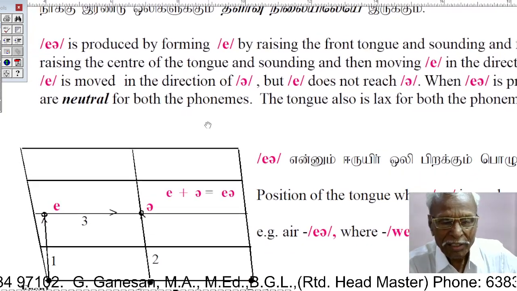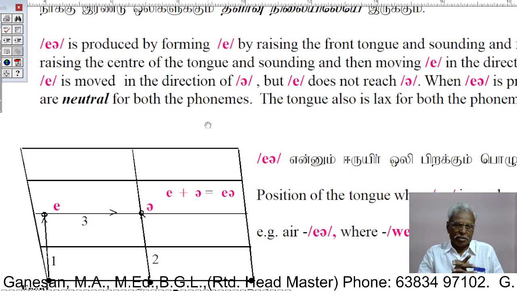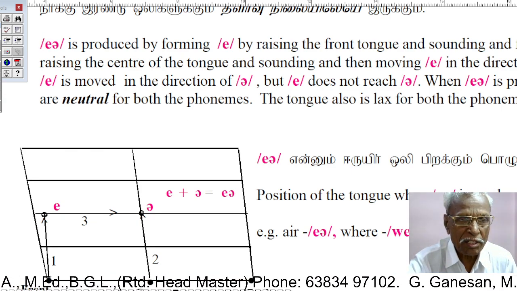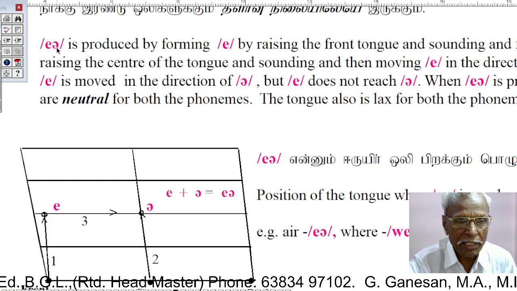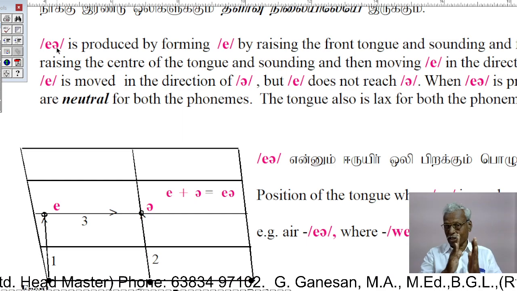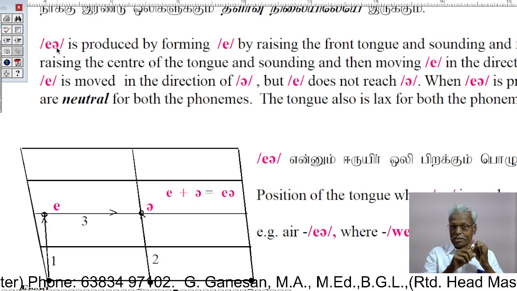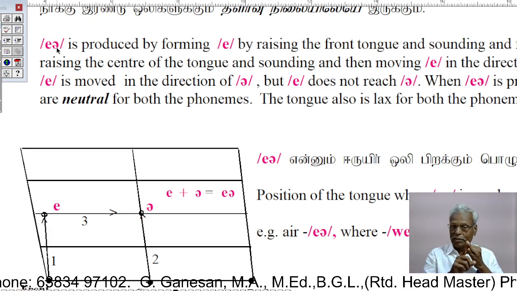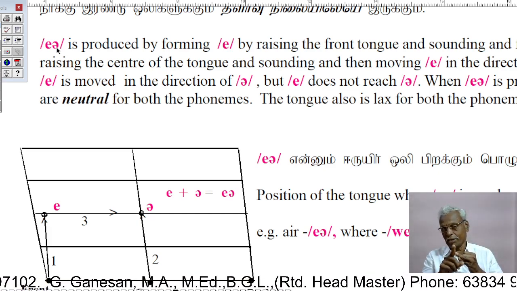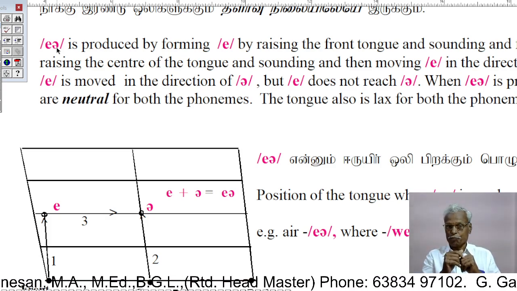You see, in the second of the centering diphthongs, there are two vowels. One is the front vowel and the second one is the centering center vowel. So how is this produced? Let us see.